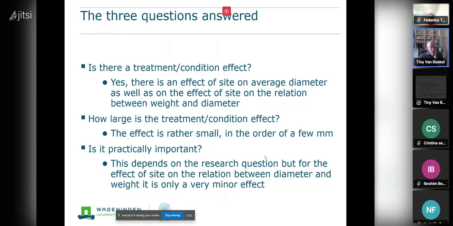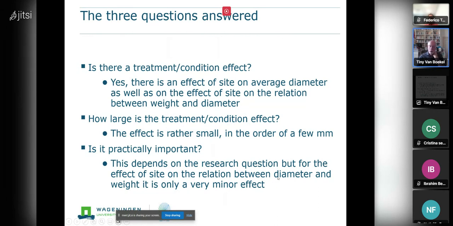Now, how large is the effect? Well, we also have seen that. It's rather small. It's in the order of a few millimeters, but there is an effect. Whether or not that is important, that was the third question, that really depends on your research question. Is 2 or 3 millimeter different? Is that significant, yes or no? That's for you to decide as a researcher.